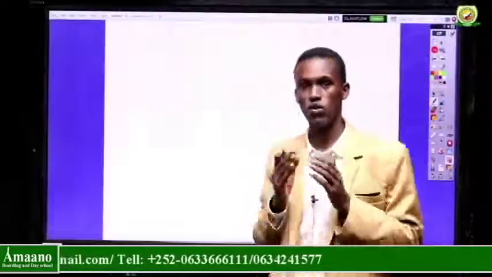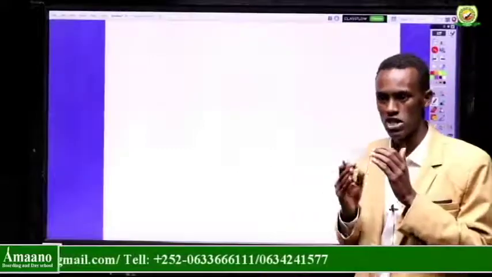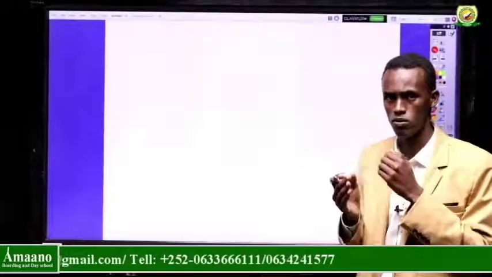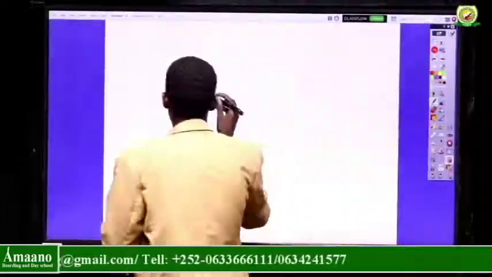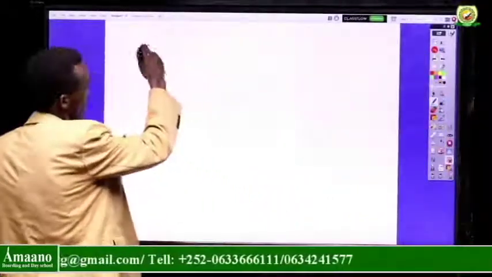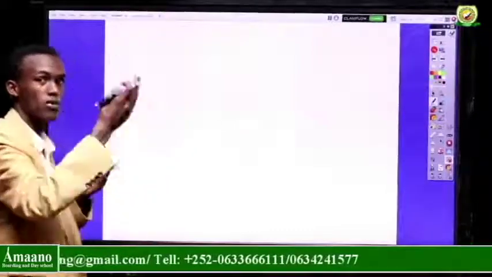Light is a form of energy that can be converted from one form to another. Light can be converted to other forms of energy, and other forms of energy can be converted to light. For example, a lamp.